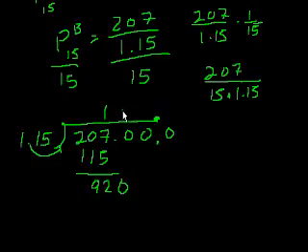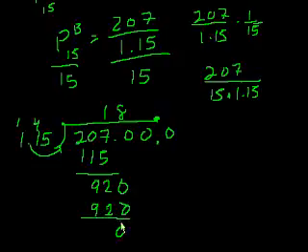And then this should go roughly 8 times. 8 times 115: 8 times 5 is 40, 8 times 1 is 8, plus 4 is 12. Carry the 1. 8 times 1 is 8, plus 1 is 9. Oh, it actually equals exactly 920. Great. So before gratuity, it was $180.